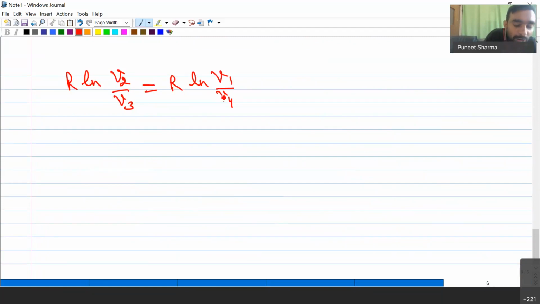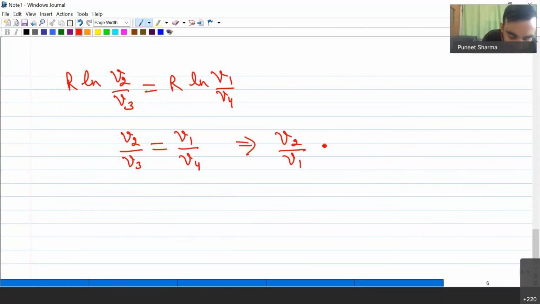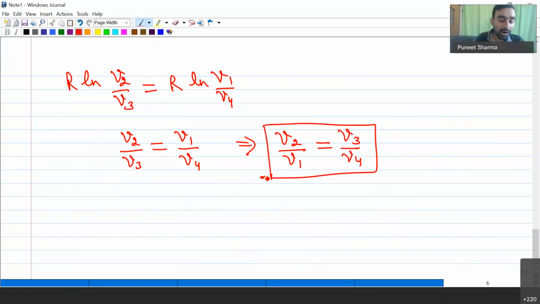Finally all the terms cancel, R will cancel and the logs will cancel, and I'll find that V2 by V3 is equal to V1 by V4, and I can say that V2 by V1 is equal to V3 by V4. This is the formulation we have got after balancing the left hand sides of the equations for process number 4 to 1 and process number 2 to 3.